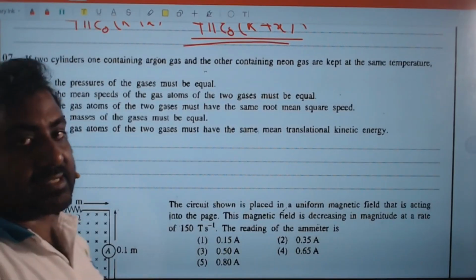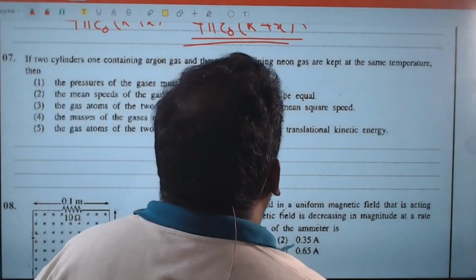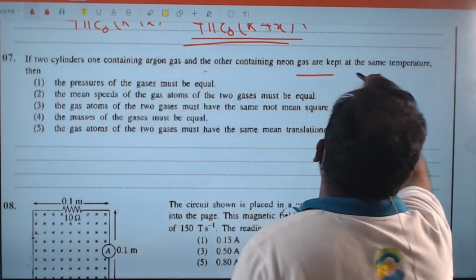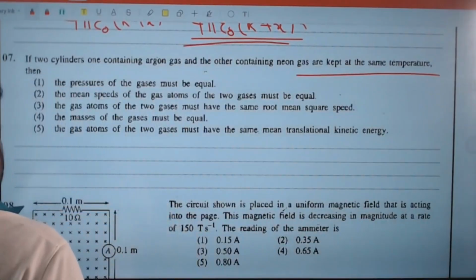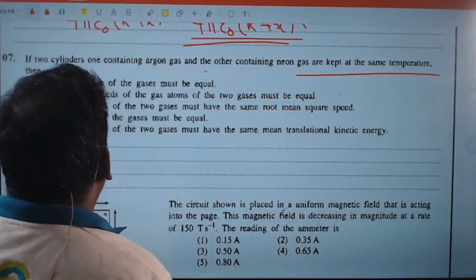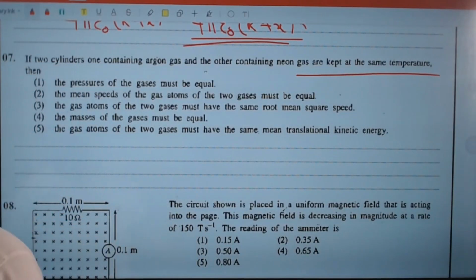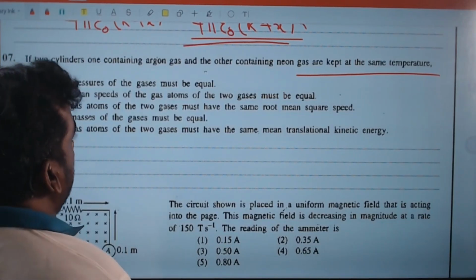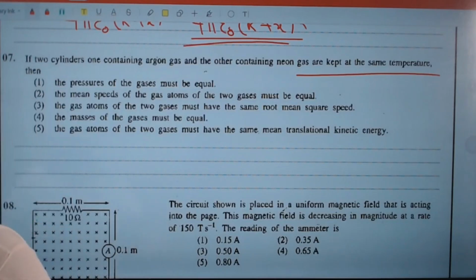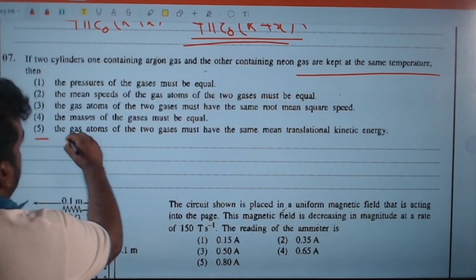Two cylinders, one containing argon gas and the other containing neon gas, are kept at the same temperature. Pressures of the gas must be equal. Mean speeds of the gas atoms of the two must be equal. So speed depends on molar mass as well. The two gases must have the same mean translational kinetic energy.